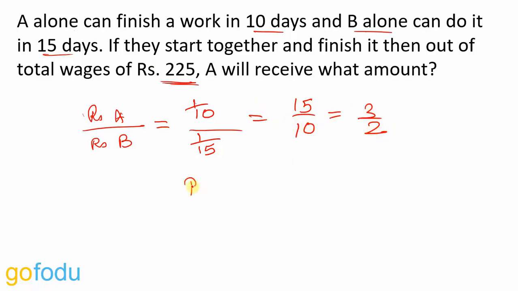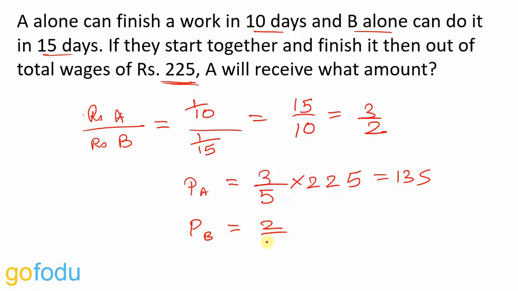So payment received by A would be 3 parts out of 3 plus 2, 5, multiplied by the total amount 225. This is equal to 135. Payment received by B would be 2 parts out of 5 into 225, or we can write 225, the total amount, minus that of A, 135, which will come out to be 90 rupees.